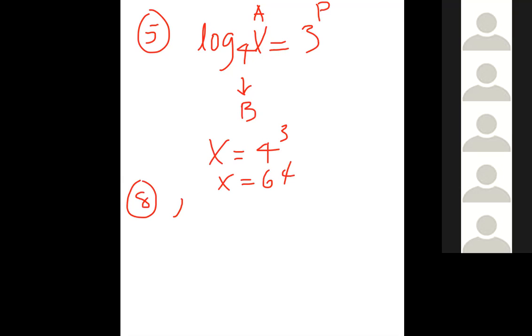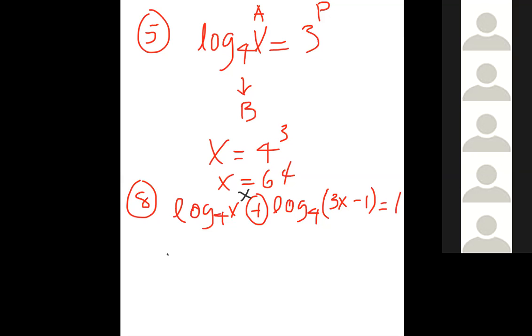For number 8, log base 4 of x plus log base 4 of 3x minus 1 equals 1. Now, on the left side, guys, we can condense that into a single log base. And we have a sum right here. What does the sum become? Multiplication.